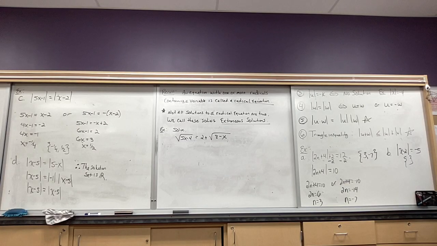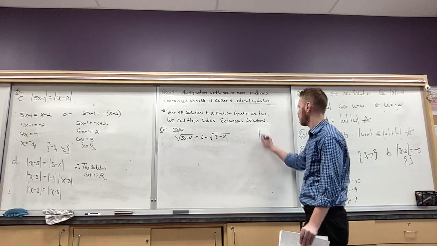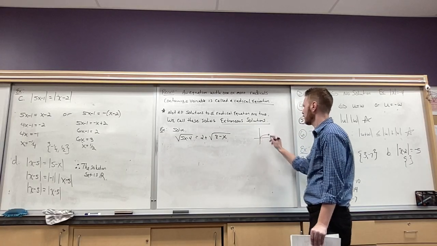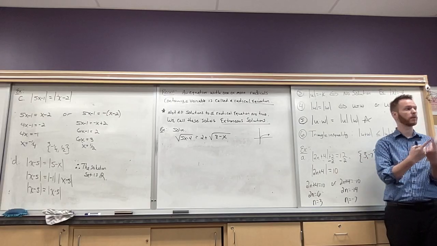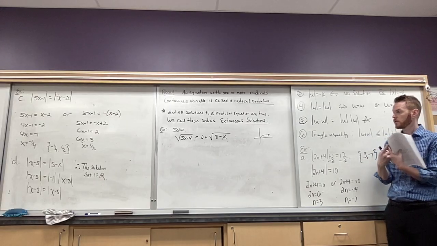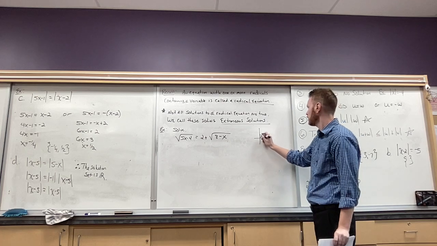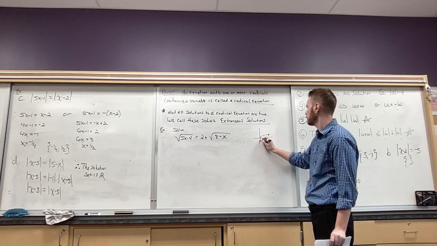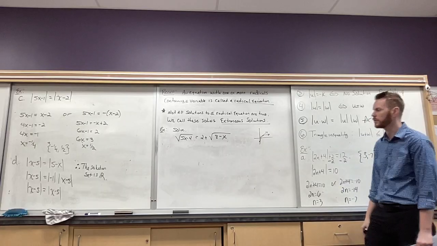There could be a possibility that when we solve this, we'll get an answer that doesn't work. Okay? And honestly, here's the cool part. The visual, if you remember what square roots are as a visual, it's something like this, right? So if I have two of those on a graph, they could be crossing at one point, right? So that's something to just think about. Maybe one's going in this direction and one's coming beneath it. So they intersect at one point. So that's like a possible answer that we could get.